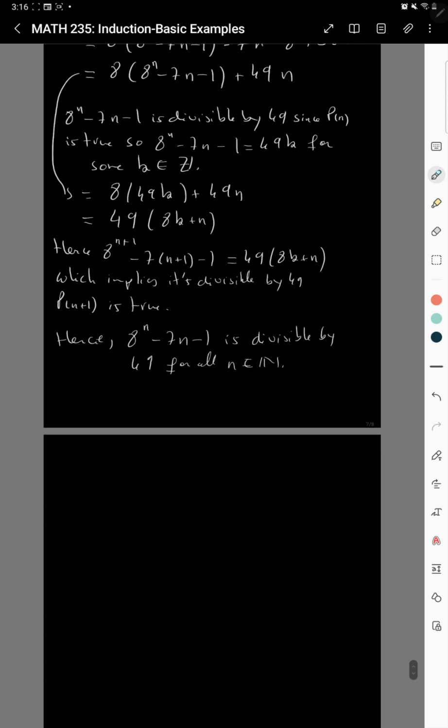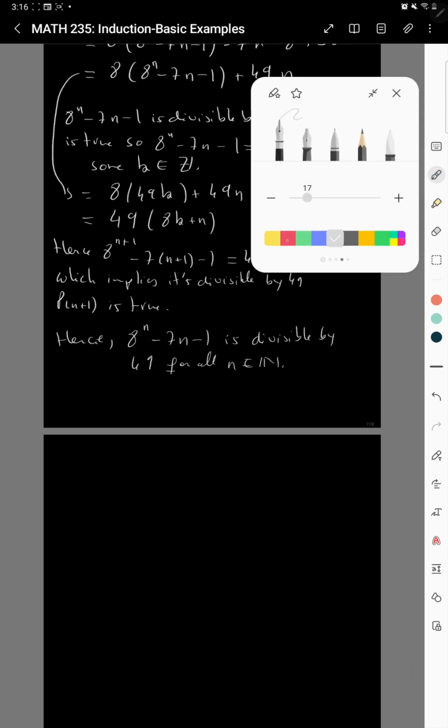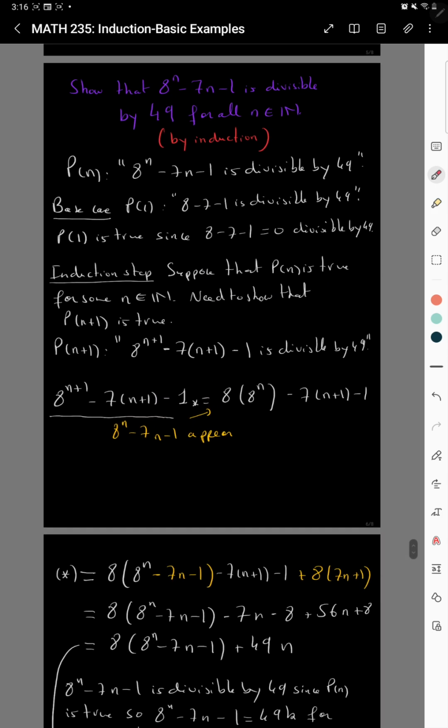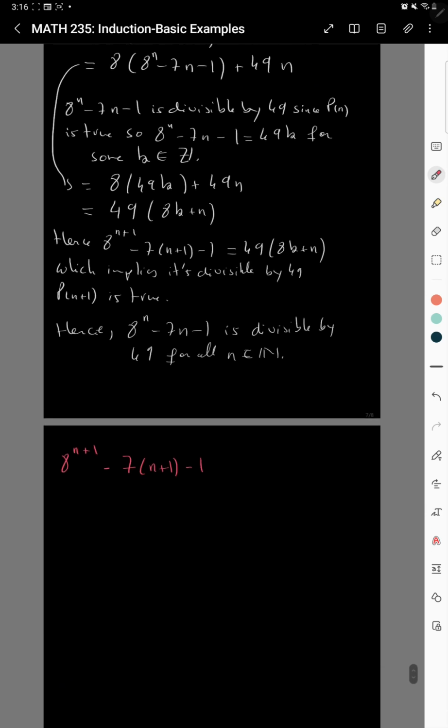Okay, now a small comment here. What we did in the induction step is we factored out an 8 from 8 to the n plus 1 and added and subtracted 7 times n plus 1 in the brackets. Now there's another way this could have been done.